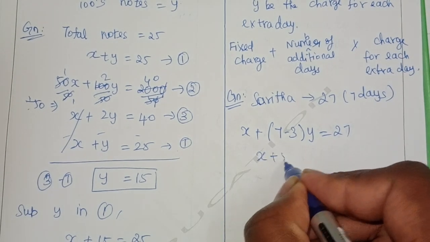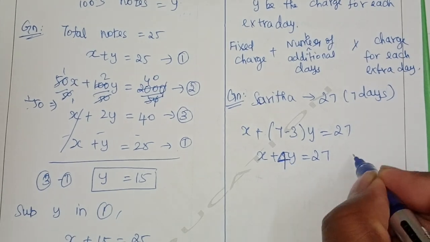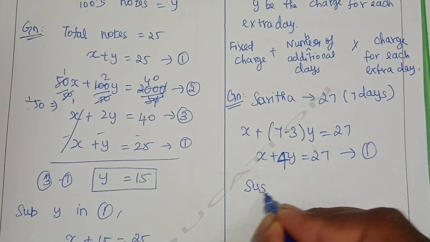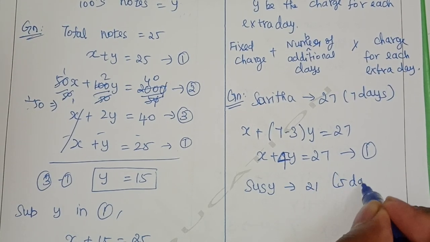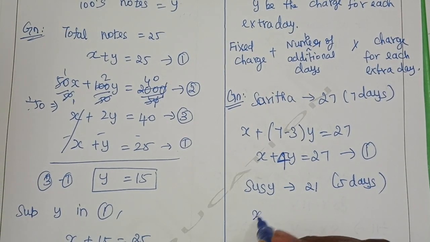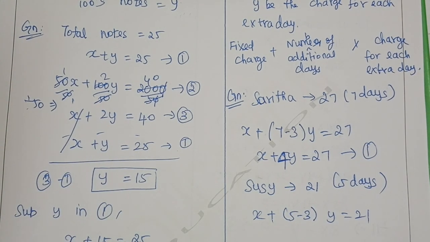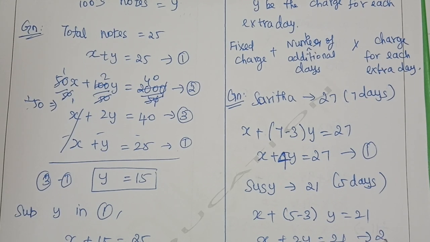Therefore, x plus 4y equal to 27, which is equation number 1. And the second person, Susy, paid 21 for 5 days. Therefore, x plus 5 minus 3 into y equal to 21, that is x plus 2y equal to 21. This will be our second equation.